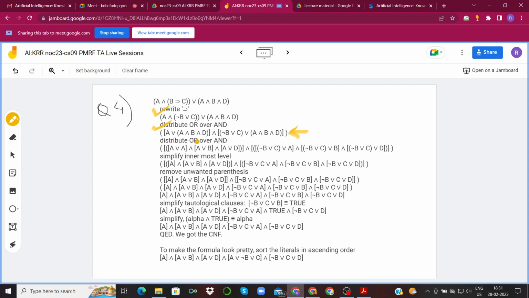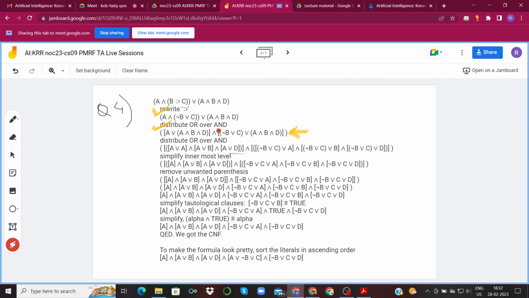Now you once again distribute an OR over the AND. Okay, and this time you do it in all these individual components separately. So first consider this left hand side component. Here you will have A or A or B, and A or D, all of these connected with ANDs. So this becomes one part.